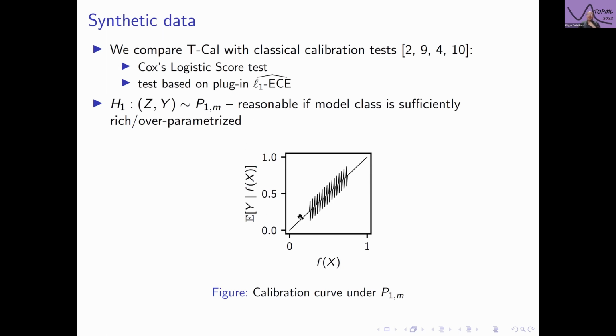And we look at a challenging setting. If we have a complicated neural net, we can imagine that it oscillates a lot. So maybe a calibration curve that looks like this one is still reasonable.